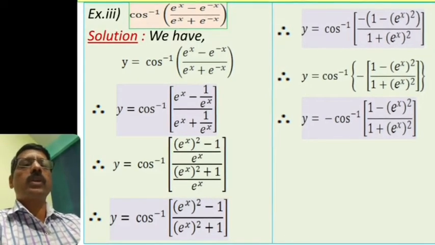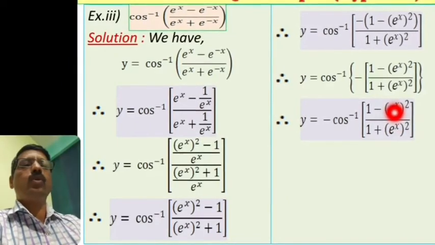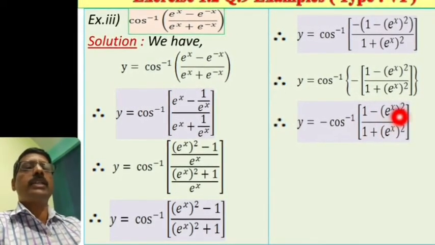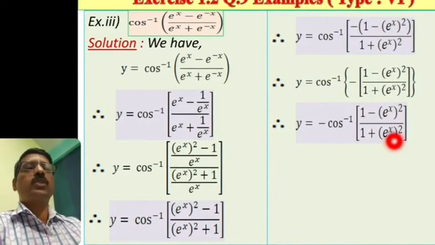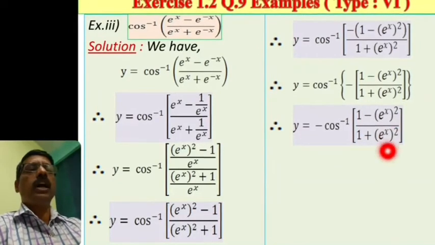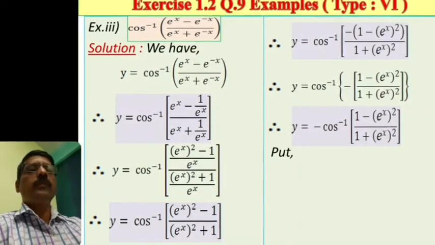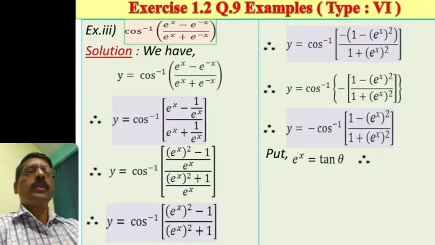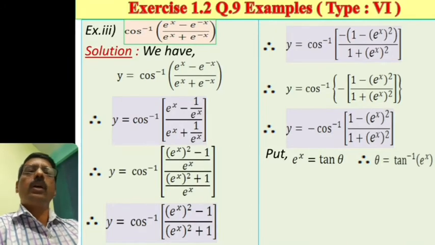Now we have to substitute e raised to x equal to tan theta. Then the given function becomes (1 minus tan square theta) upon (1 plus tan square theta), and then we apply the trigonometric formula. Put e raised to x equal to tan theta, therefore theta equal to tan inverse of e raised to x.